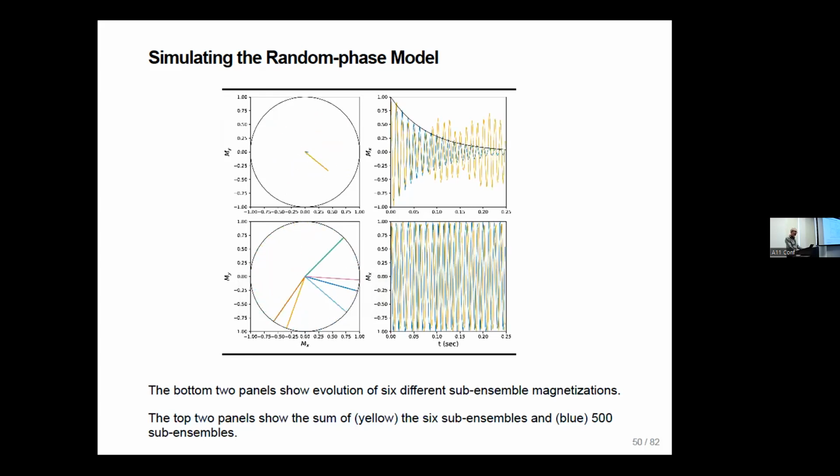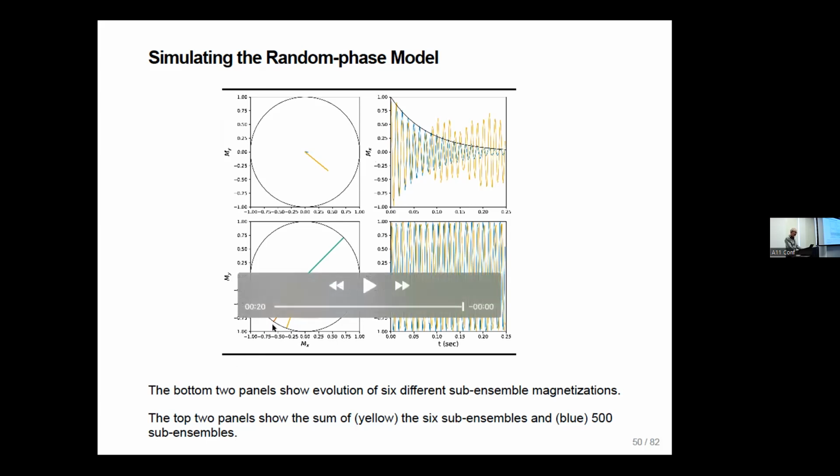And what's shown in blue on the top is the sum of 1,000 or so individual runs. So every little sub-ensemble does not decay. There's no decay, they are just precessing. But averaged over the macroscopic sample, you see the free induction decay.